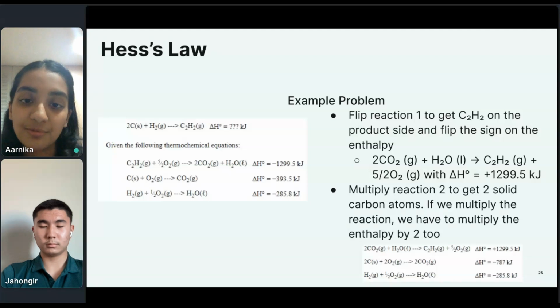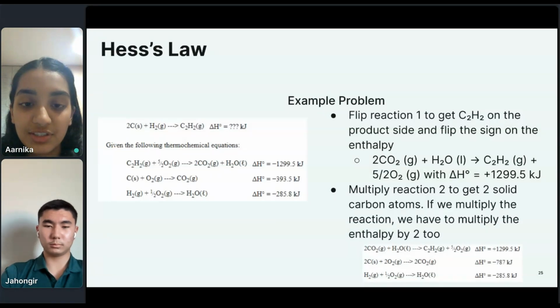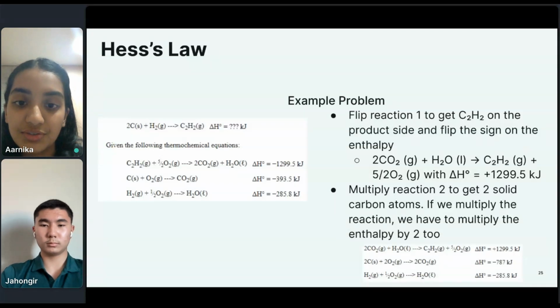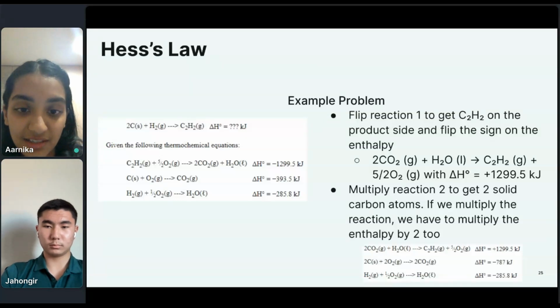So you flip reaction 1 to get C2H2 on the product side, and you flip the sign on the enthalpy, because then you can cancel them out, and that would give you 2CO2 plus H2O yields C2H2 plus 5/2 O2. Since you have to flip the sign on the enthalpy, this will give you 1,299.5 kilojoules.